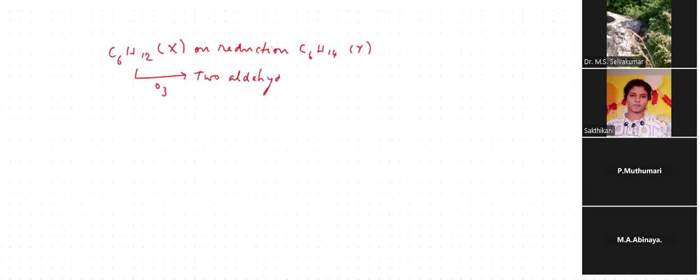One is C2H4O and the other one is C4H8O. This is 1 and this is 2. We have to identify what is X, what is Y, what is 1 and what is 2.